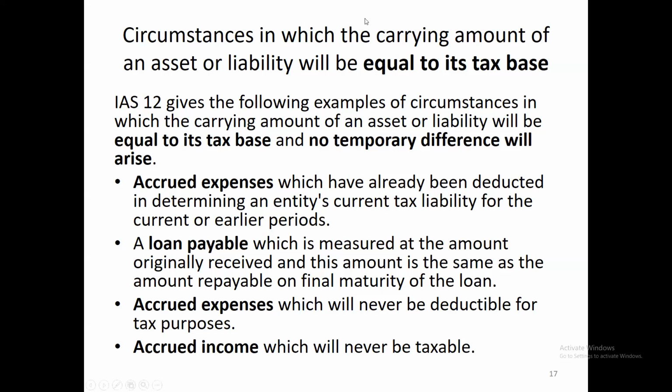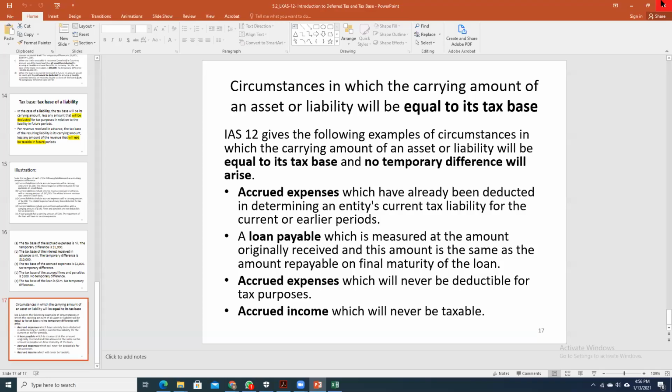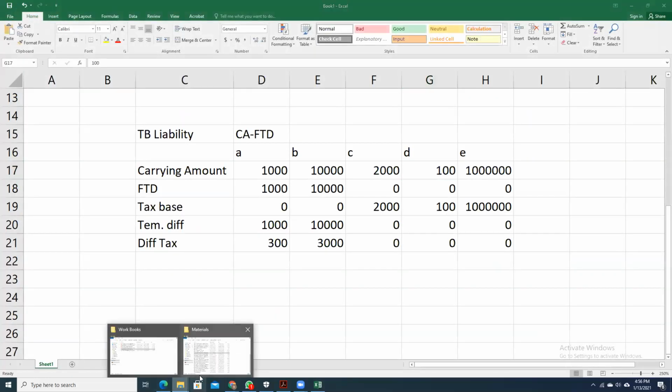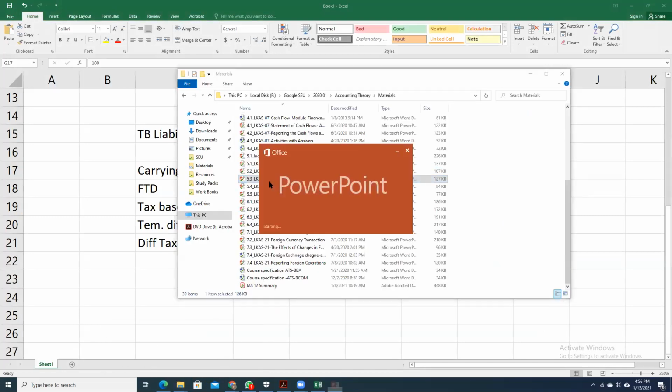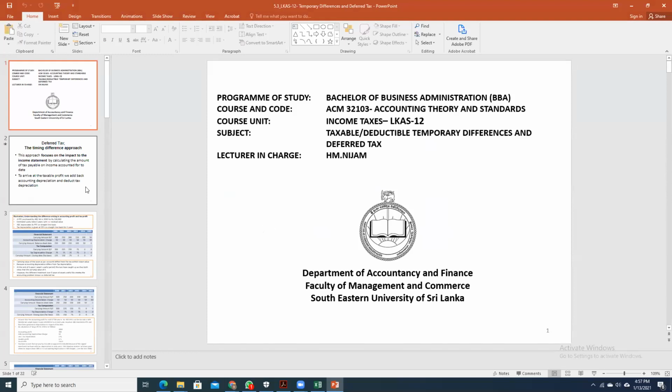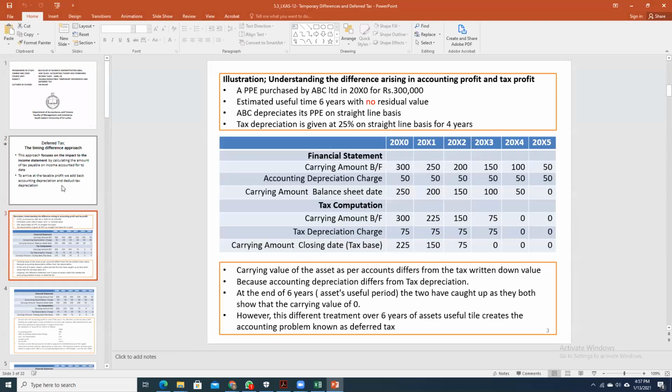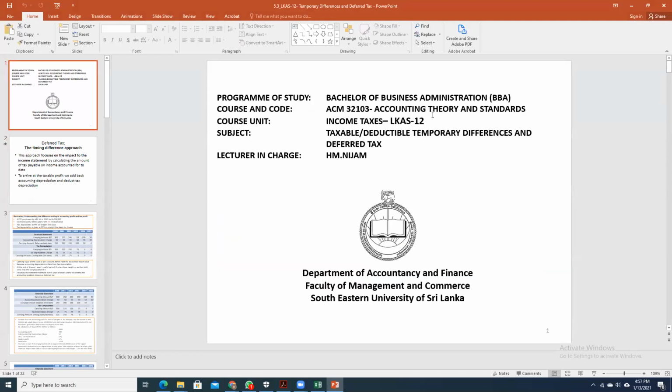If you have any clarifications, please clarify with me, otherwise you will be unable to understand the forthcoming sessions. The next session will be about accounting theory, taxable and deductible differences.